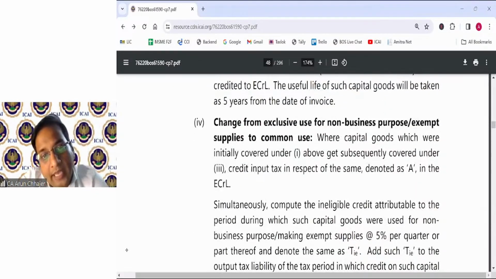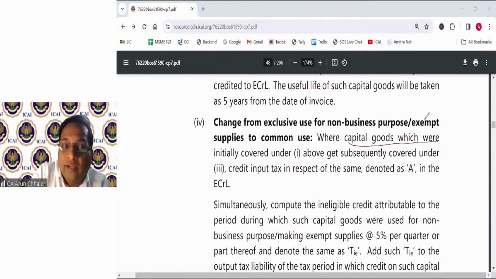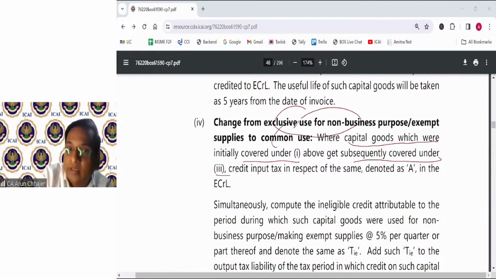Change from exclusive use for non-business purpose or exempt supply to the common use. They are saying if capital goods which were initially covered under clause 1 get subsequently covered under clause 3, so exclusively non-business, now it has been shifted to the common purpose, the credit in respect of the same denoted as A in the electronic credit ledger.